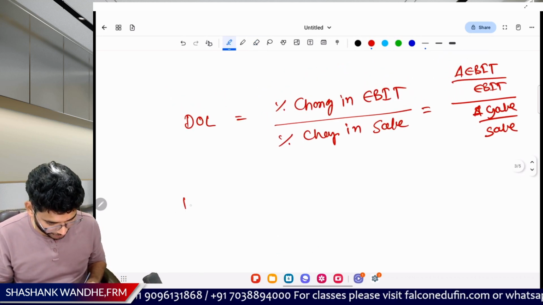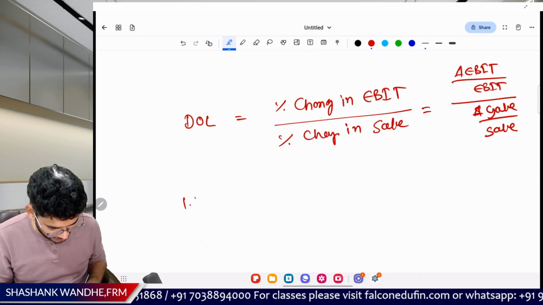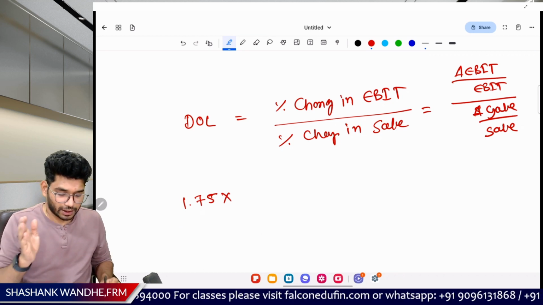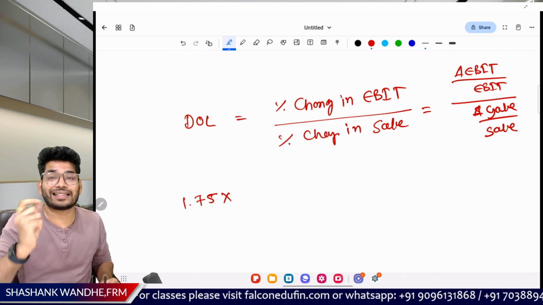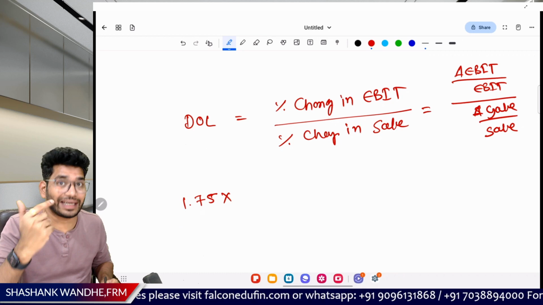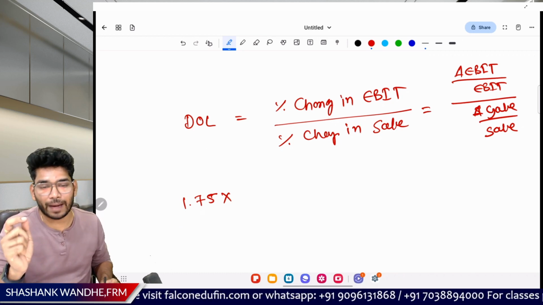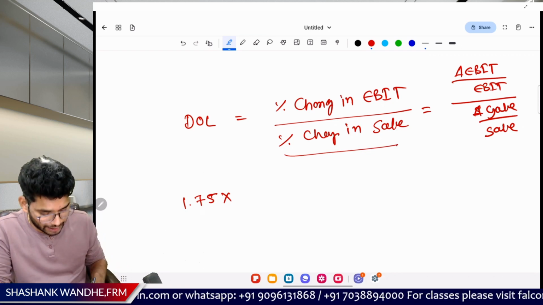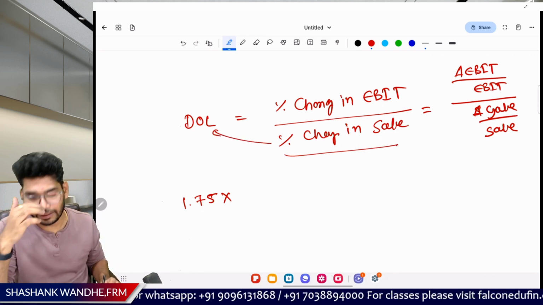If your degree of operating leverage, say, is 1.75, just a hypothetical situation. Now, the percentage change in sales will impact the percentage change in EBIT, but the total impact is given by simply this percentage change in sales multiplied with the degree of operating leverage.